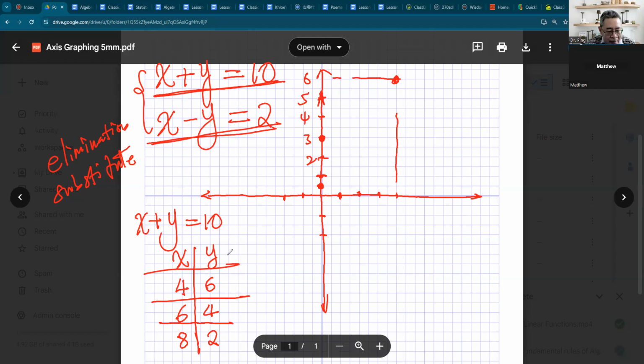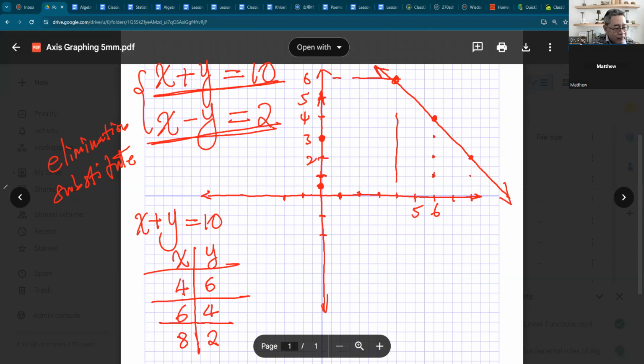Then 6, 4, we got 5, 6. 4 is 1, 2, 3, 4. So we got this point. And 8, 2, 7, 8, 2 is 1, 2 will be this. And you can see that we can draw the line like that. So it's one line.